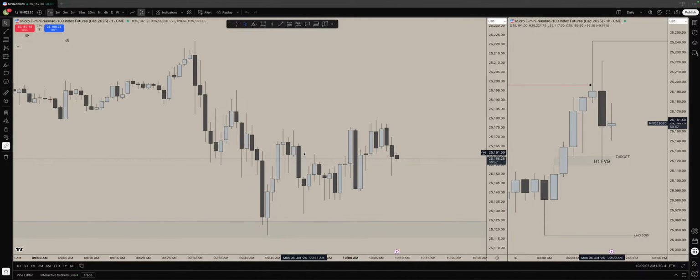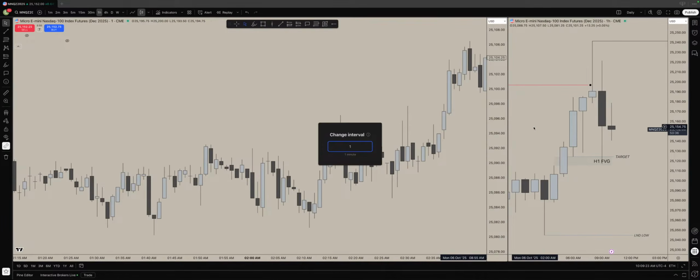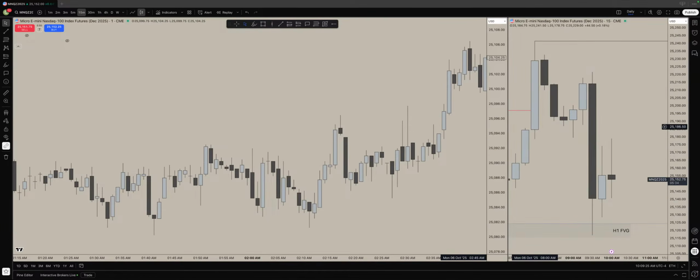Oh, that's close now. Look at the 15-minute, but right now this is looking more like bearish PA.